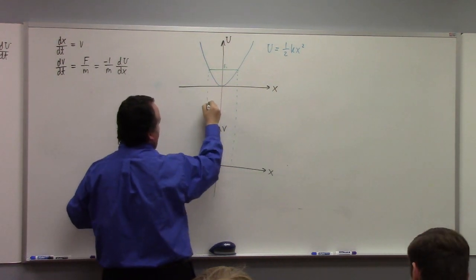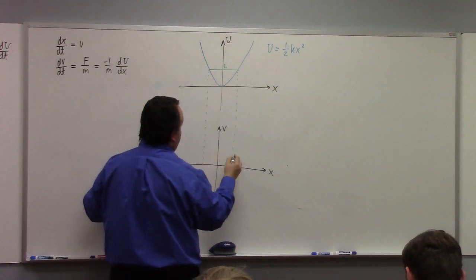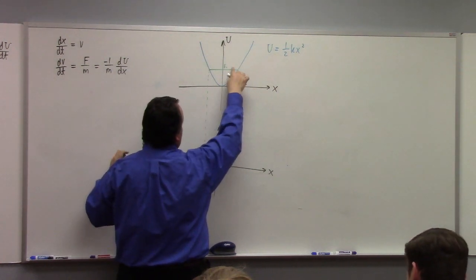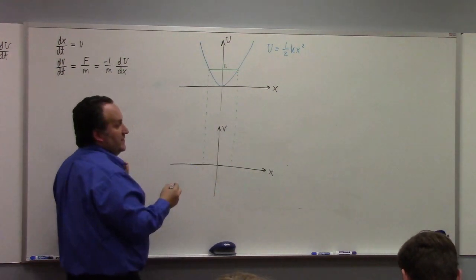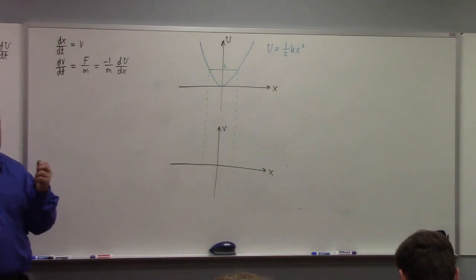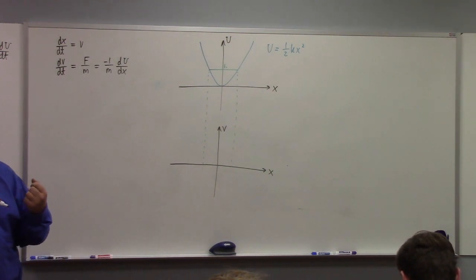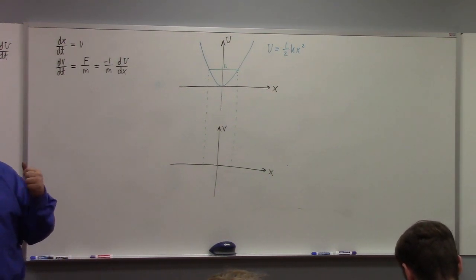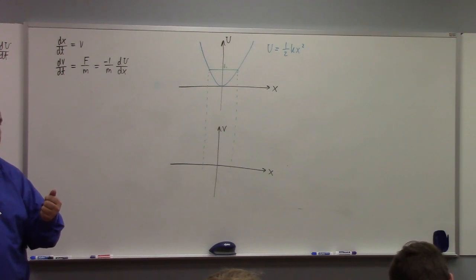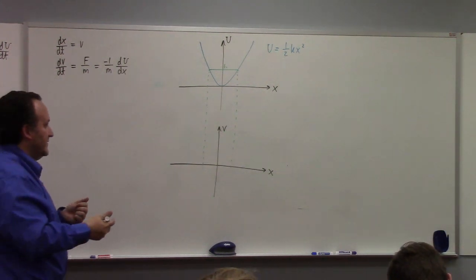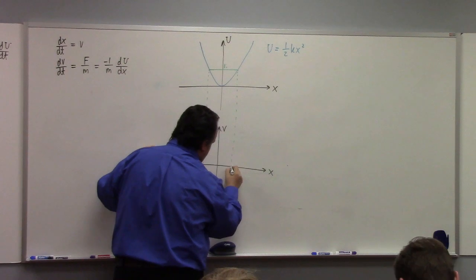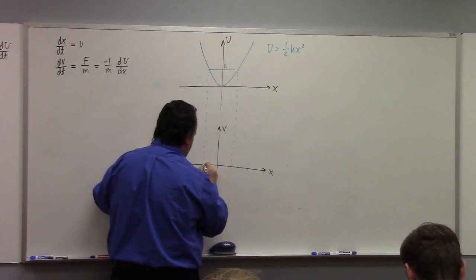Think about this. Where the potential energy is equal to the total energy, the kinetic energy is 0, which means the velocity is 0. So that means I get this point and that point.